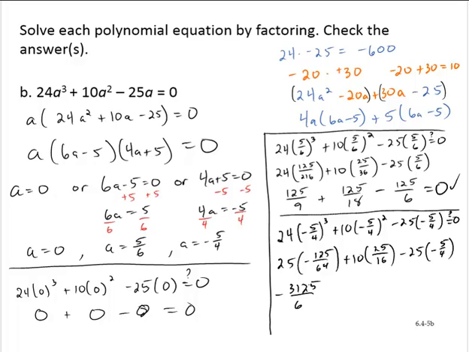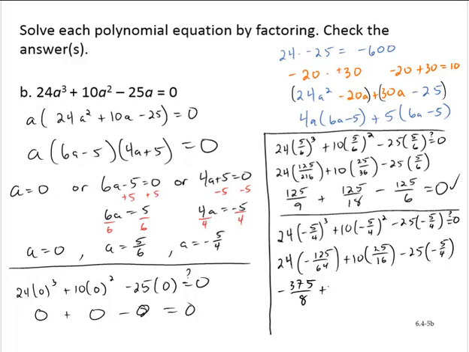Oh, that should be a 24, not a 25. Be careful about that. So this is negative 375 over 8.